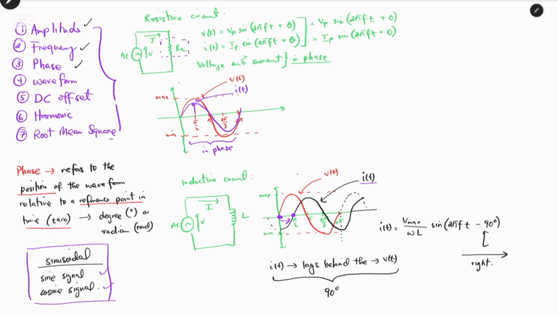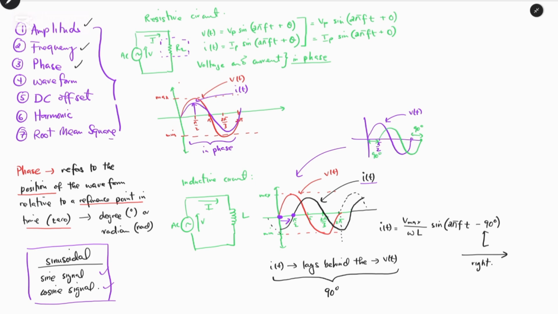To make it more clear on this graph, if this is the starting point of the Vt, what will happen to the current? If this is pi on 2, we now have a current which begins in this region. So the phase shift is 90 degrees, and you can see from this region it is also 90 degrees.